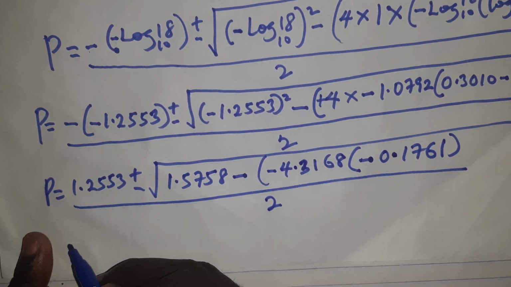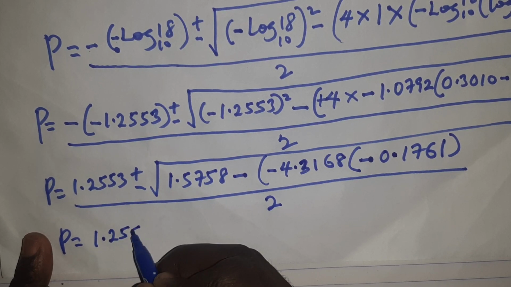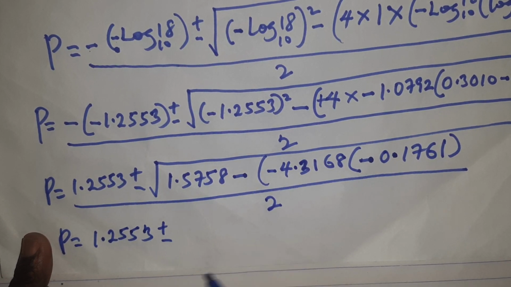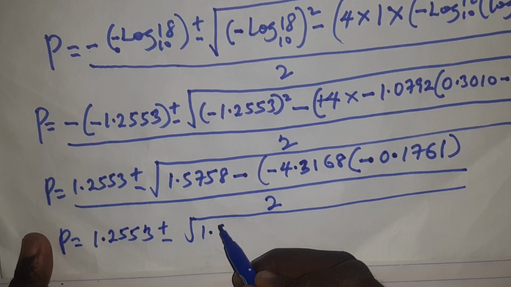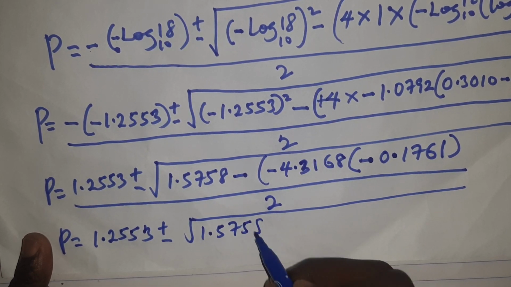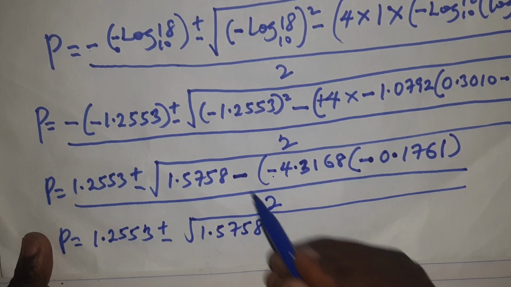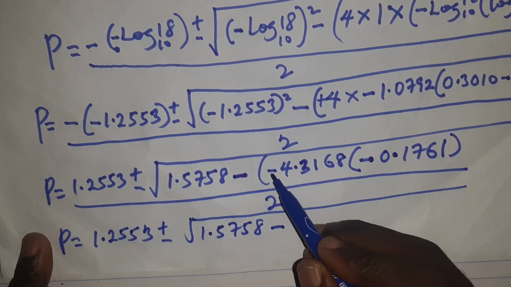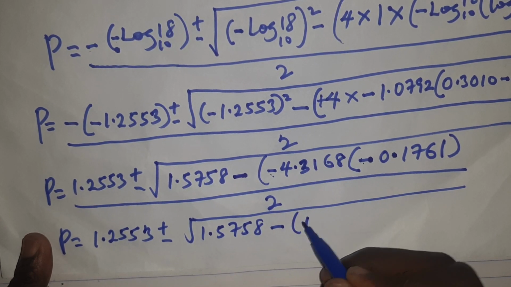And then I have p equals 1.2553 plus or minus, again root, I have 1.5758, minus and minus is plus. Let me first fix this minus here first, then I'll deal with the one in the bracket. Minus and minus is plus, that's plus.